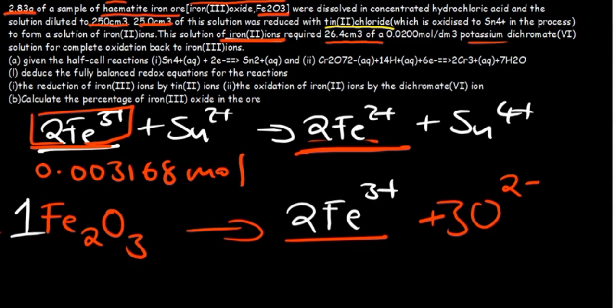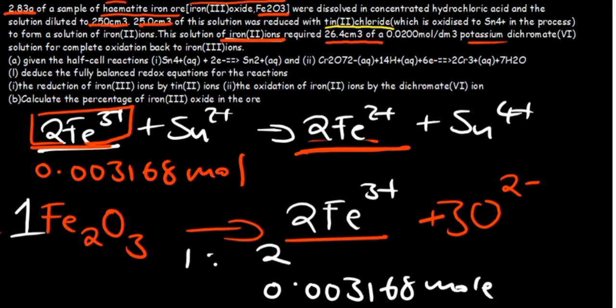So 1 to 2. Now, if for iron 3 we have 0.003168, how many moles are we going to have for the first one? Notice this: the number of moles of the oxide gets doubled after the dissolution, after the ions split.